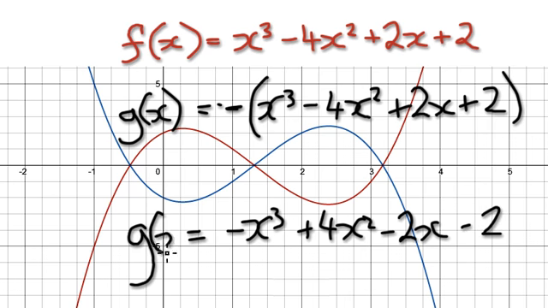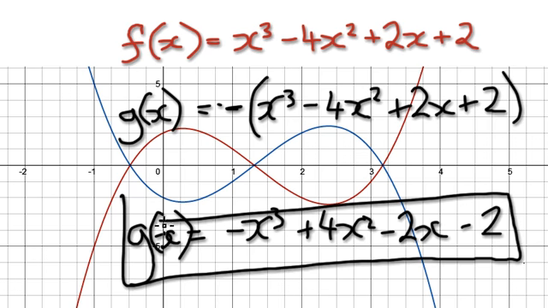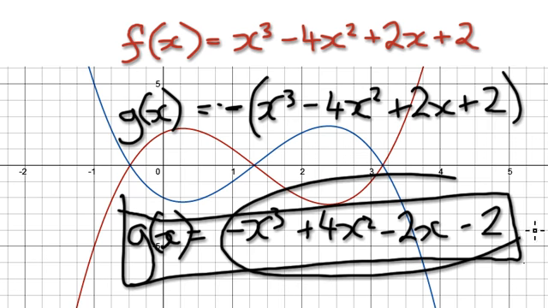So g of x is given by this here. Okay, this here is a formula of the blue line here.